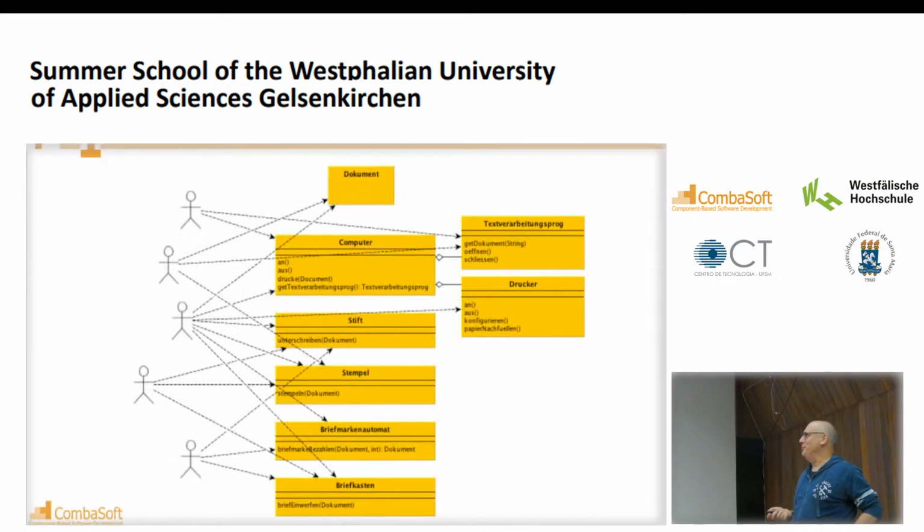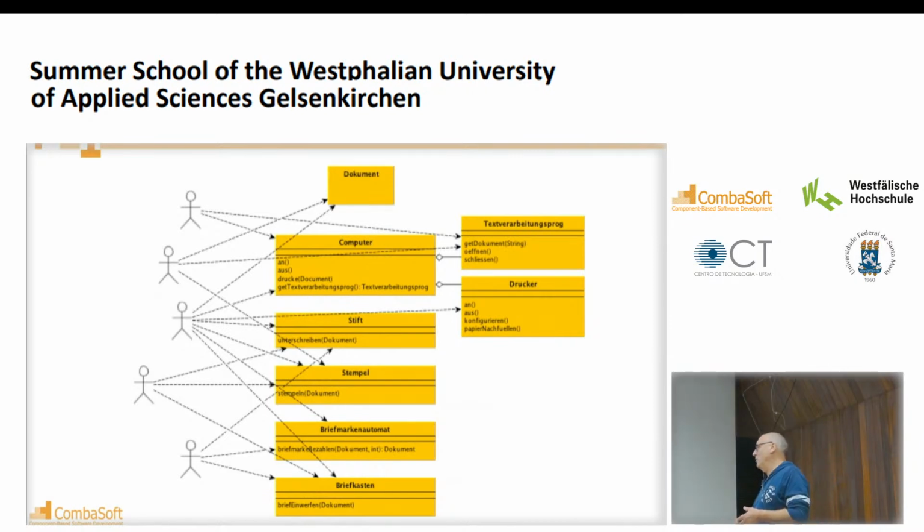Okay, you have a company. There are people who do some jobs. They have to use a computer. They have to use pencils, stamps with the sign of the company. They have to bring what they have written and put it in an envelope and put a stamp on it.